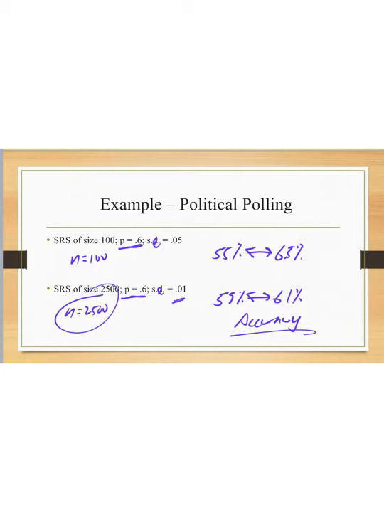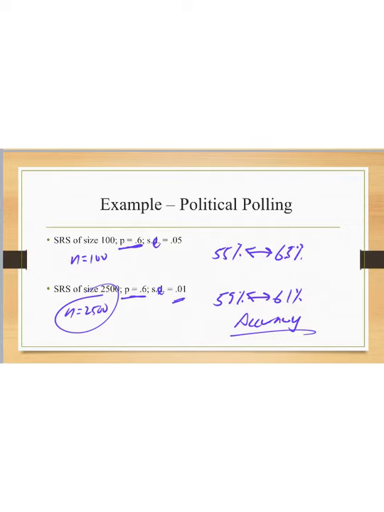So if a company is doing some political polling in advance of an election, they want to be cognizant of how many people they're going to ask, because how many people they ask is going to determine ultimately what their margin of error ends up being. So when they put that poll up on a TV screen, they don't want it to read 8% margin of error, because that means a candidate could get 50%, give or take 8%, which is a width of 16%, which would be wildly inaccurate in terms of being precise, at least to report.